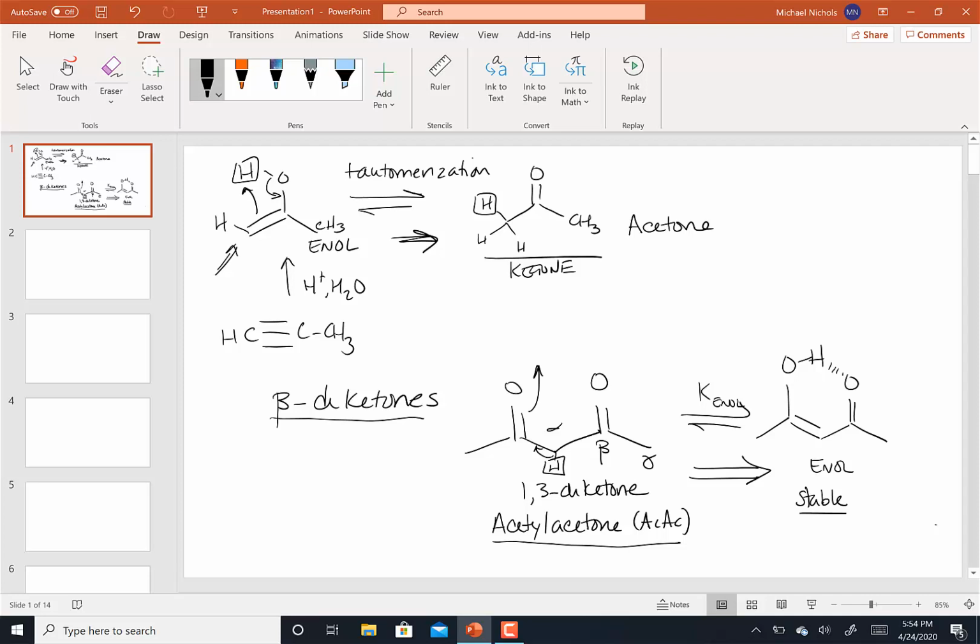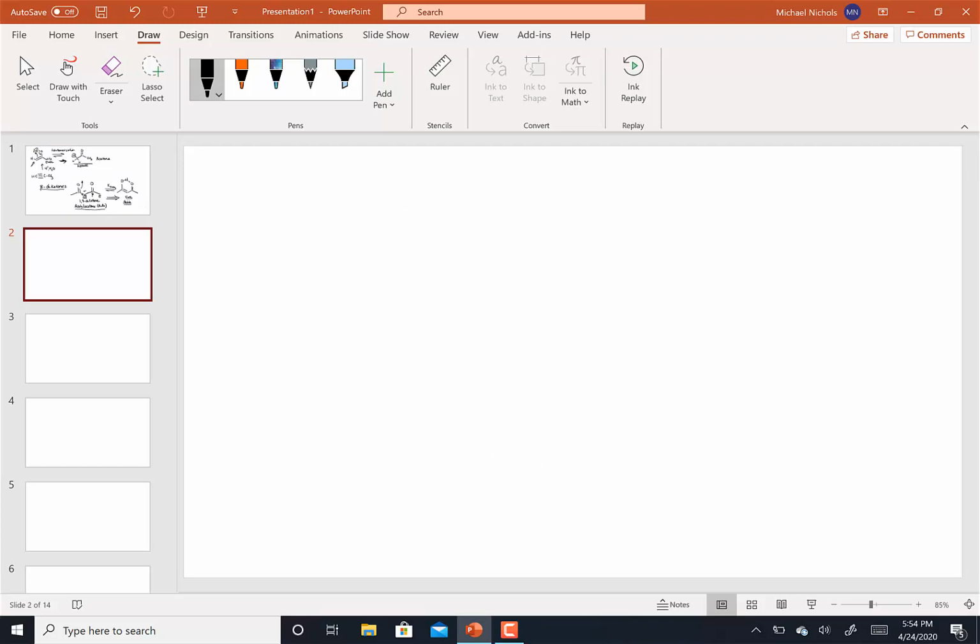So for beta diketones, it's very common to have the enol as the more stable form. Now that kind of breaks down when we start looking at the enols of carboxylic acid derivatives.